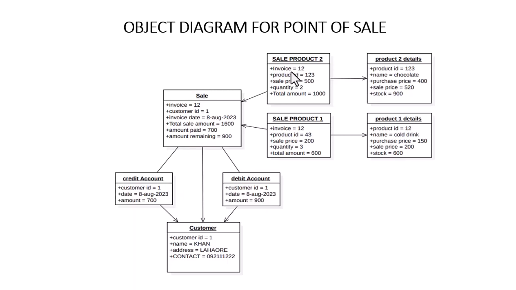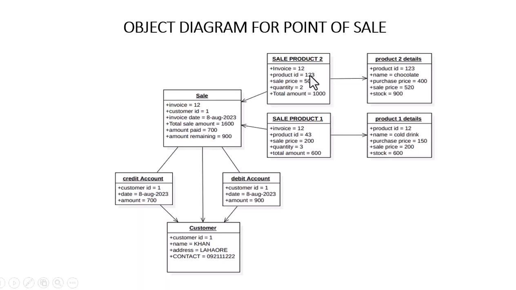And these are the two objects belonging to the sale detail class. If, for example, the sale detail includes 10 products, then 10 objects will be created. So these are not classes, these are actually two objects belonging to sale detail, sale product 1 and sale product 2. Both belong to the same invoice, that is 12, but product IDs are different, and I stated earlier that each object has unique characteristics.